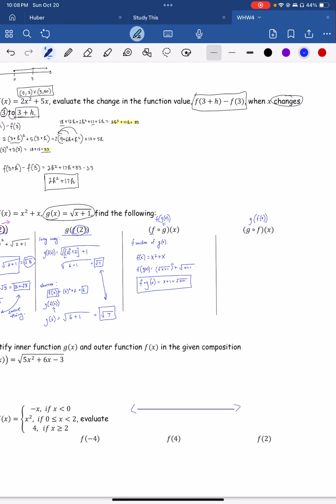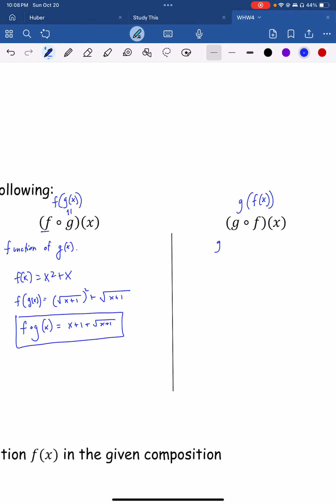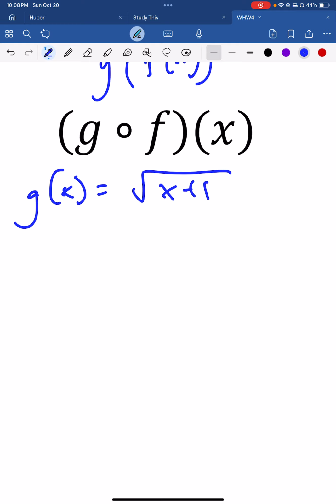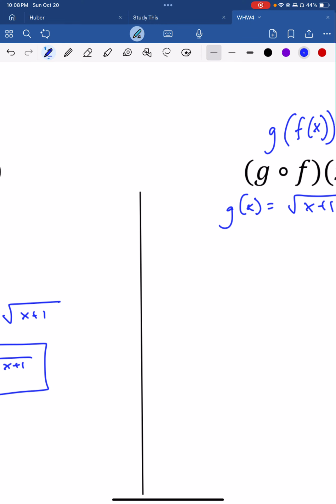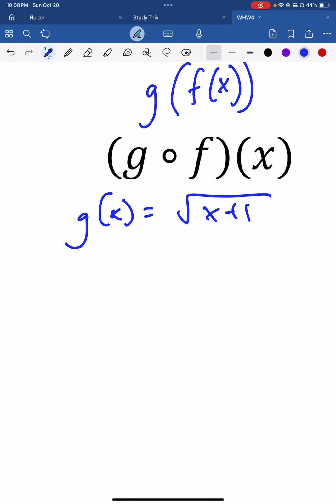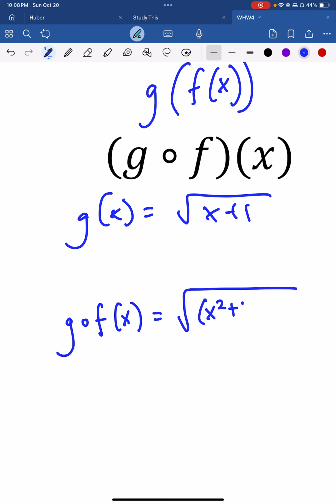So basically, you're identifying the g function, which is square root of x plus 1. And then you're identifying what to plug into it. You plug in f of x. F of x is x squared plus x, so g of f of x is equal to square root of x squared plus x plus 1.